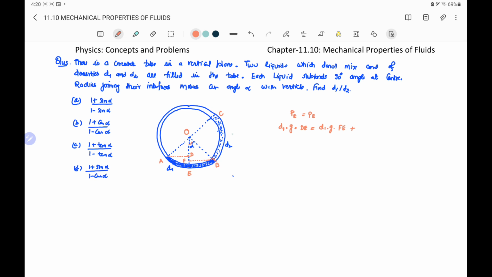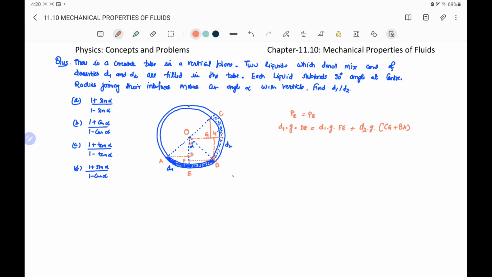For this we make a horizontal line from the point O, that is from the center, and drop a perpendicular from C. Suppose this meets at point G, and also we drop a perpendicular from B, and suppose this meets at point H. So the pressure due to the liquid of density d2 will be equal to d2 into g and height will be equal to CG plus BH.